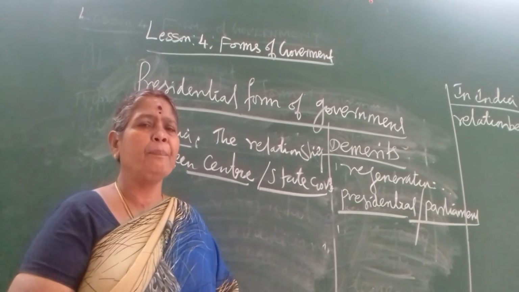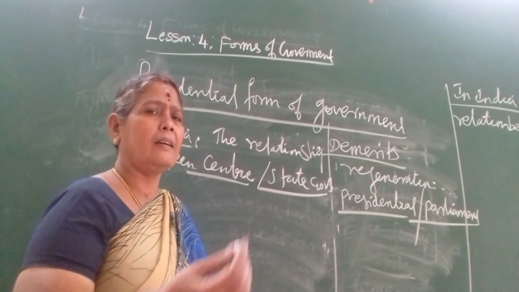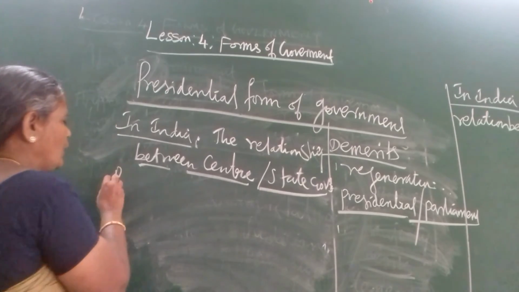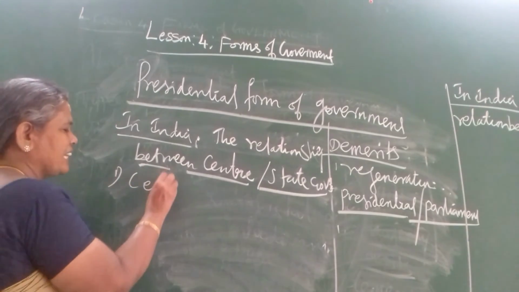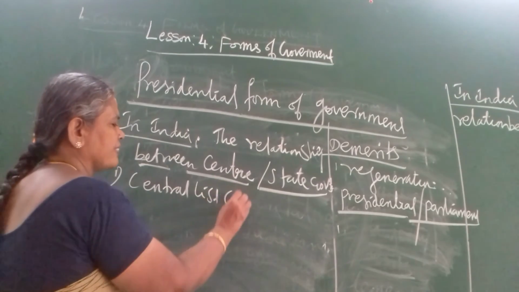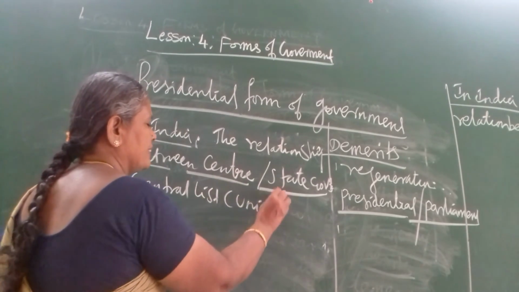So that is why powers are divided into 3 lists. One is the central list, or as we say, the Union list.